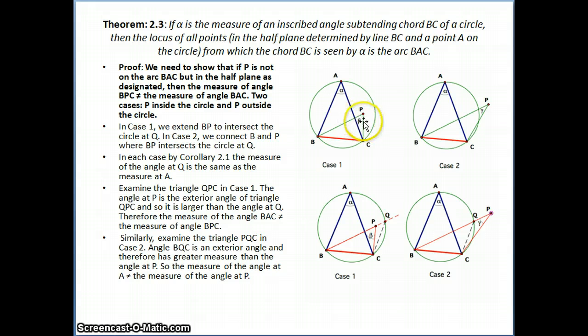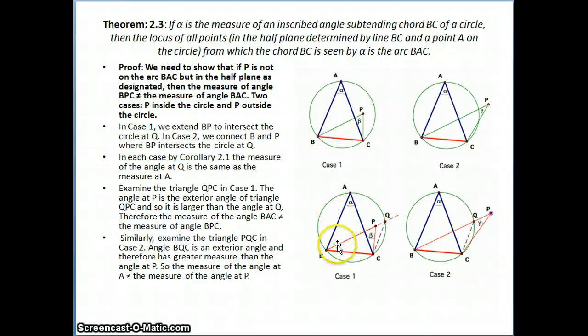If we use beta to denote the measure of BPC, we want to show beta is not equal to alpha. And the same thing here: if P is outside the circle, and this angle BPC is gamma, gamma is not equal to alpha either.